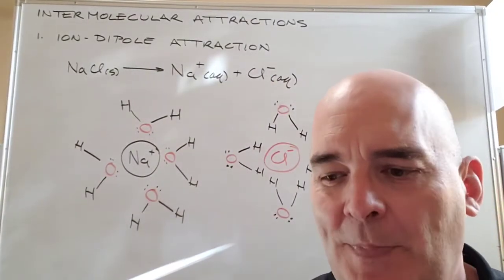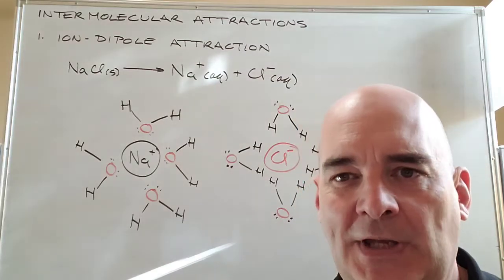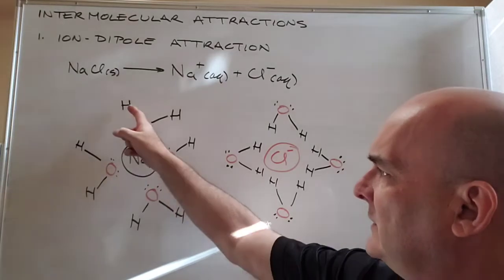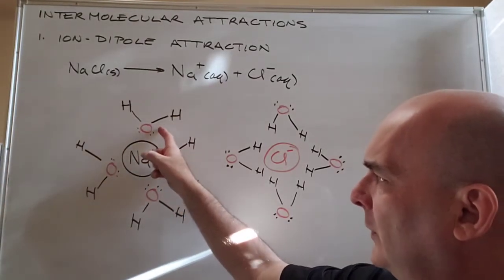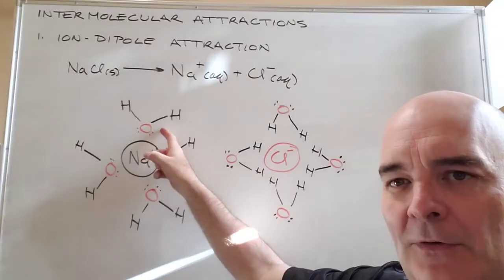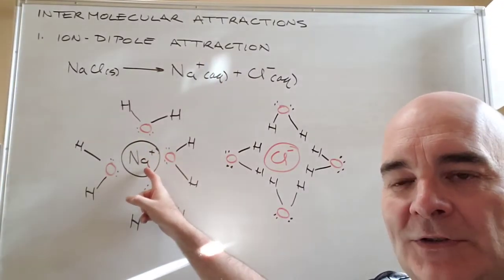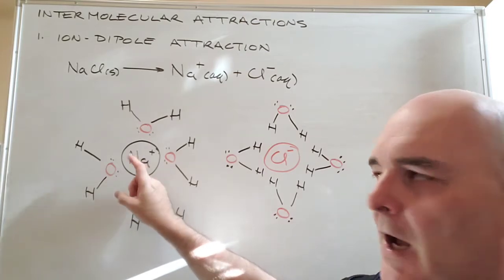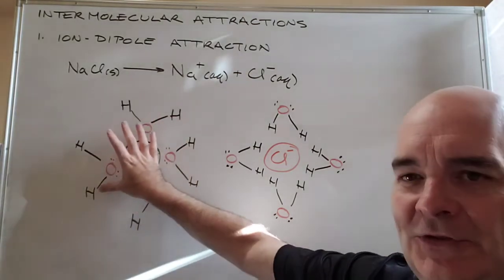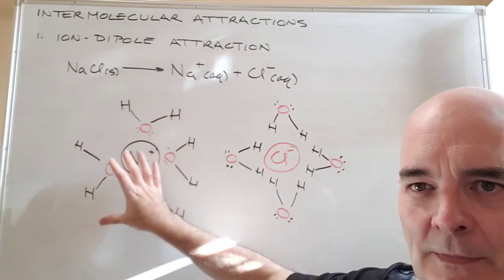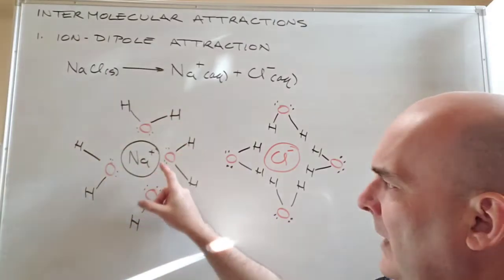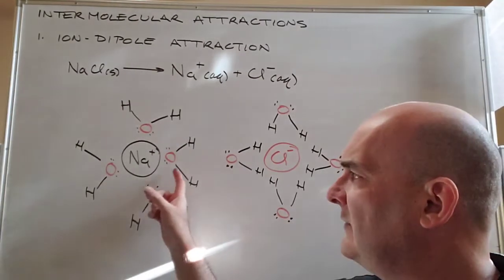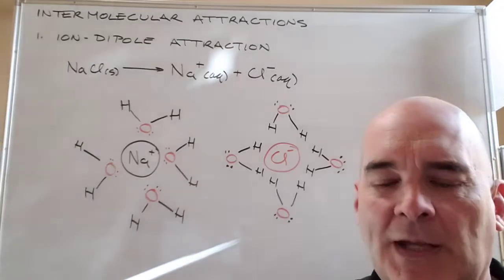Now, because water is bent and polar and has a negative end and a positive end, what we'll see is that the water will put its negative oxygen end pointing towards the positive sodium. So the cations attract these solvent molecules, but they're all oriented the same way, that the negative end of the water points towards the cation.